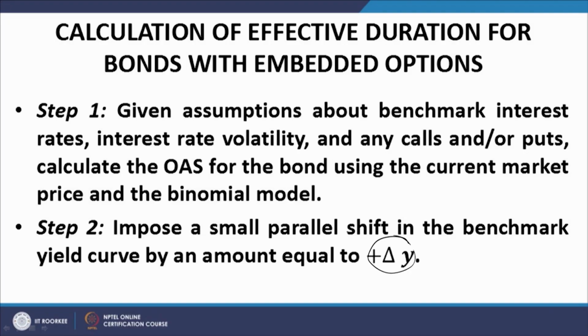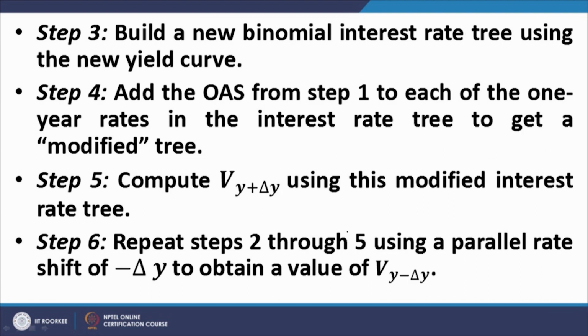So, you are adding it to all the benchmark rates, you are not changing the benchmark rates in step number 1. You are changing the benchmark rates in step number 2, you are retaining the spread as it is, but you are changing the benchmark rates by a small quantity delta y, you are increasing it by delta y. Then you build a new binomial interest rate tree because your benchmark rates have changed throughout by delta y. So, you construct a new binomial interest rate tree using the new yield curve.